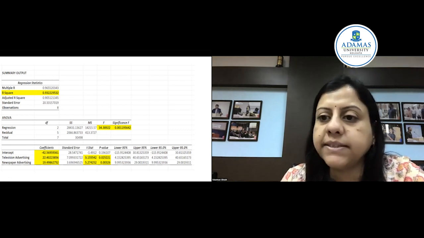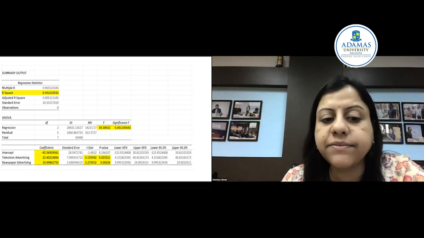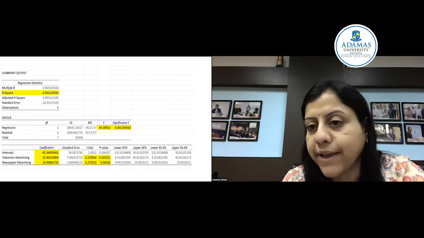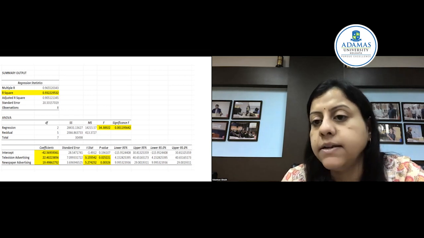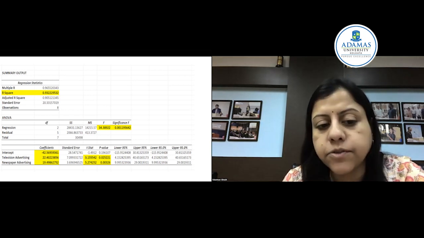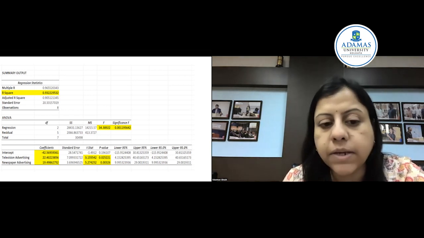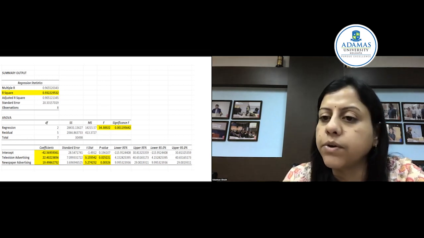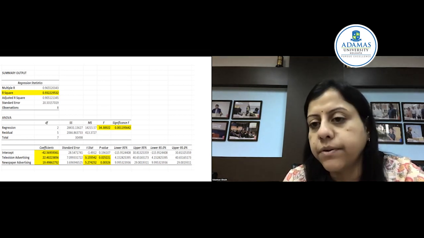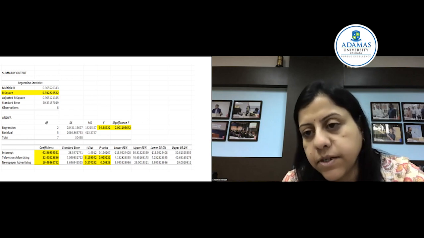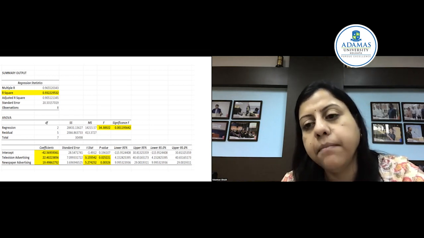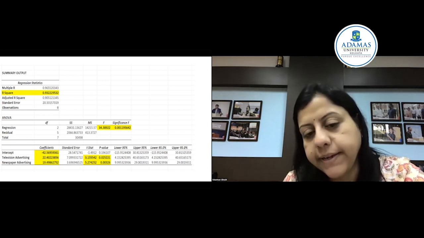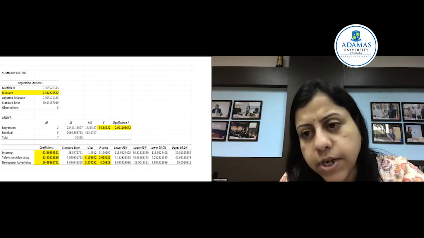Here b0 is a negative value, minus 42.56. So weekly gross revenue is equal to minus 42.56 plus 22.40 multiplied by television ad plus 19.49 multiplied by newspaper ad. So this is my regression equation.